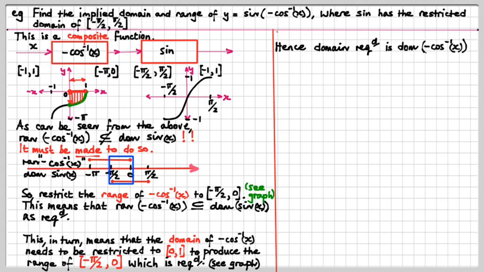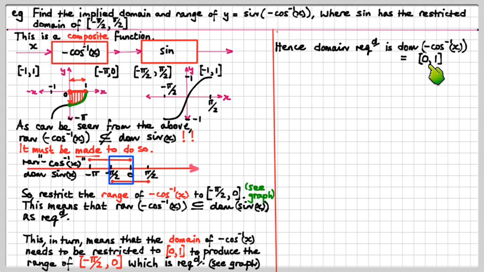Hence the domain of the composite function that we require, which is what they're asking for up here, the implied domain, will be part of the domain of that, which goes from 0 to 1, right?